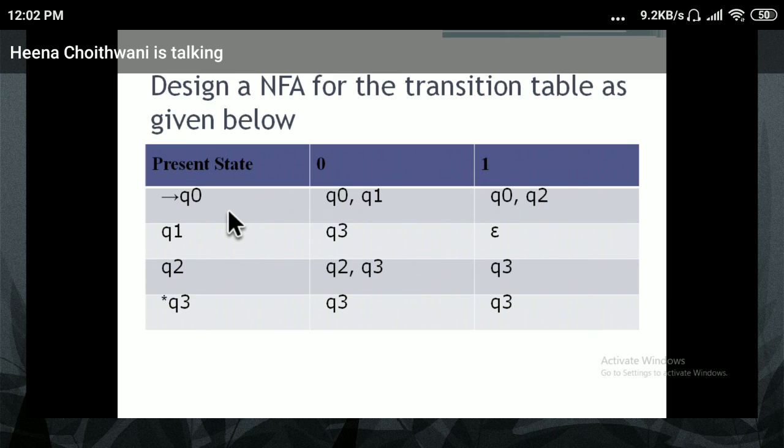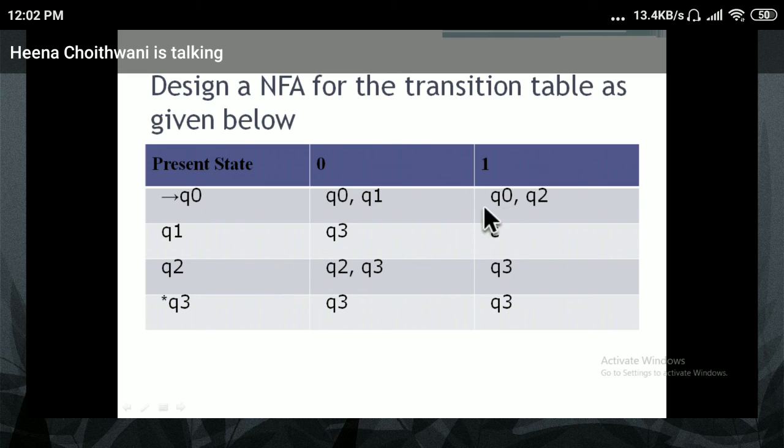Okay, before starting with the construction, let's check: Q0 on 0 is responding to 2 states, that is Q0 and Q1, right? Q0 on 0 is moving to Q0, which means we can have a loop on Q0, and we have a transition from Q0 to Q1 on 0. And the same is the case where the input is 1.